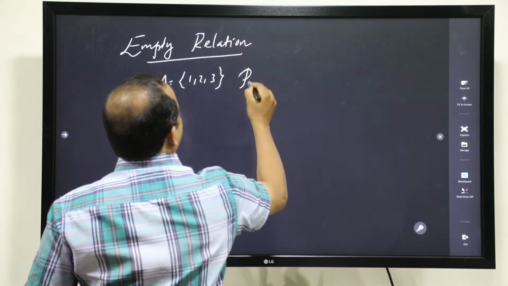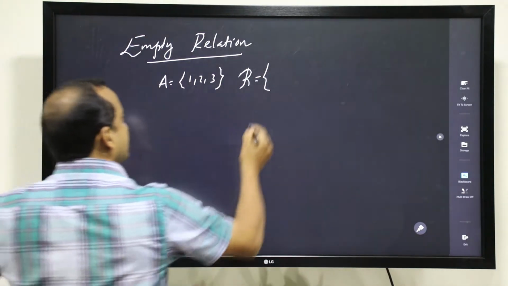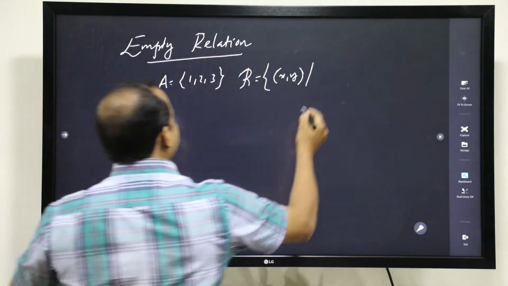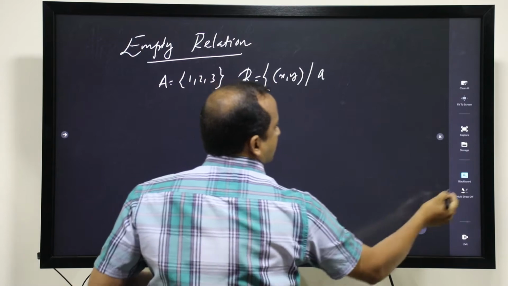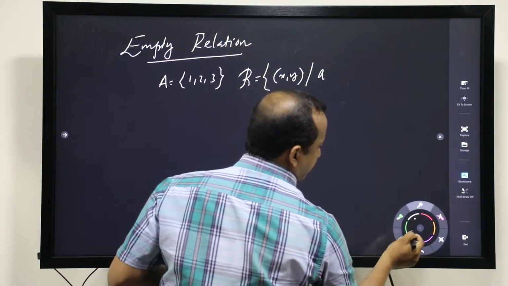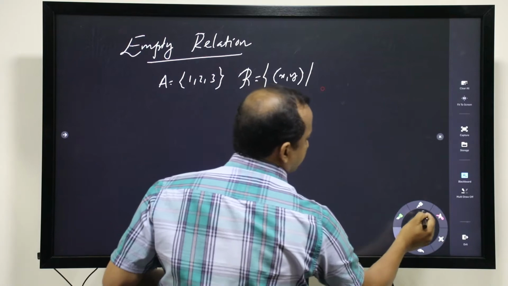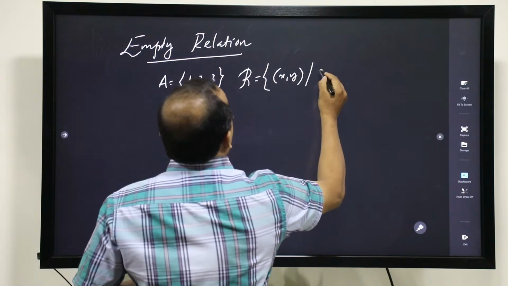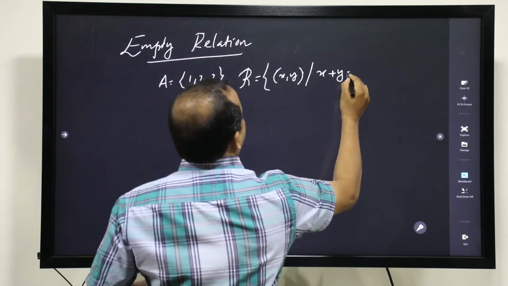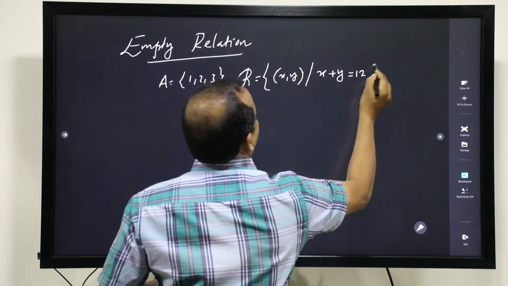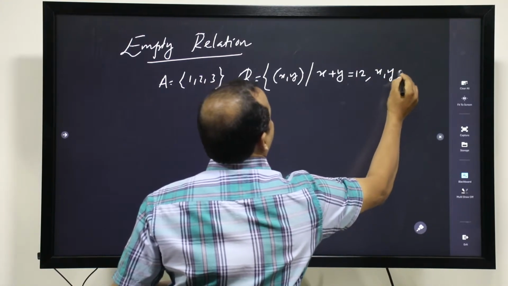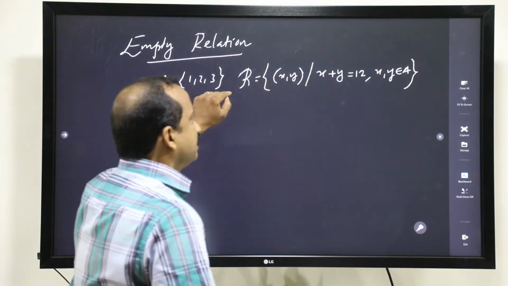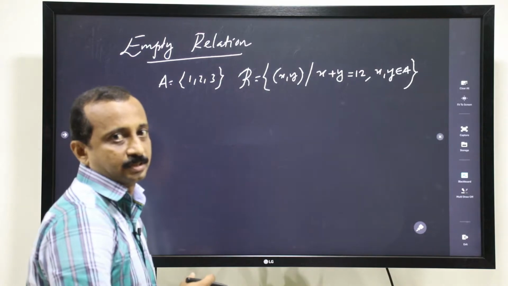Here we form a relation R is equal to {(x, y) such that x plus y is equal to 12}, where (x, y) is an element of the given set A. Check whether this relation is empty or not.